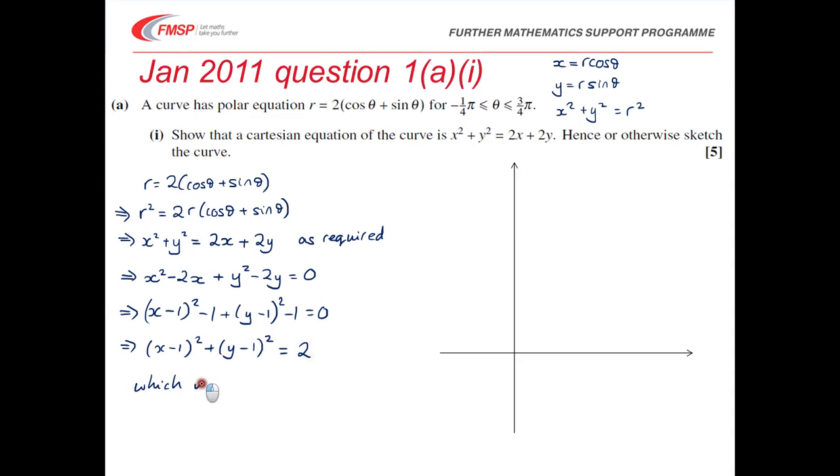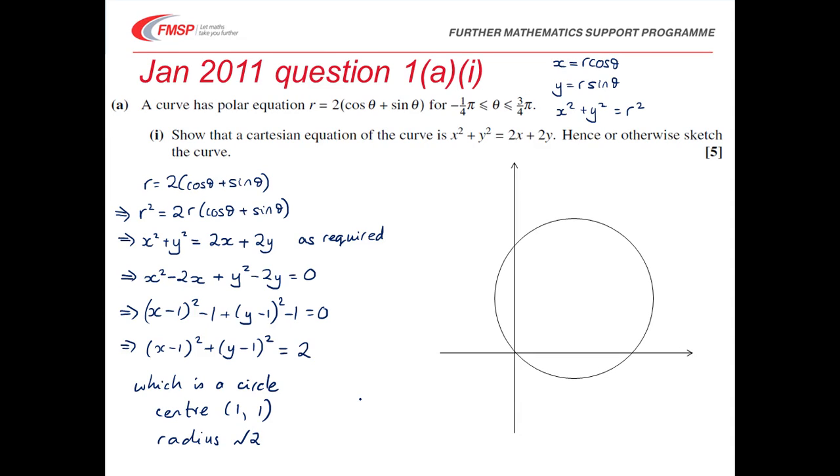which is a circle with centre 1, 1 and radius root 2. Now if its centre is 1, 1 and it's got a radius of root 2, that means it's going to go through the origin. So it will look like this, and you're strongly recommended to use compasses in this exam to draw your circles.